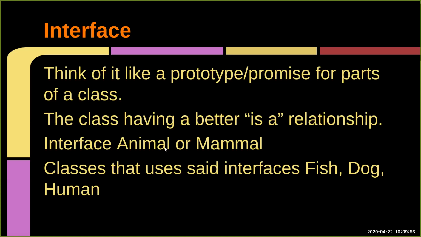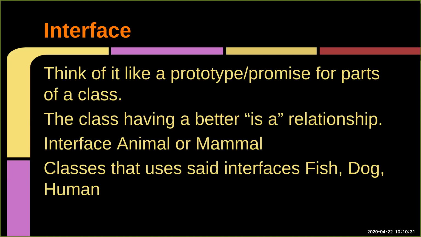The thing though is that everything that you have in your interface has to be defined. You can't just leave things blank. So if an animal has a method, then whatever uses that interface has to have that method. You can't pick and choose. When you say that you're going to use an interface, you're promising that you're going to have those parts.